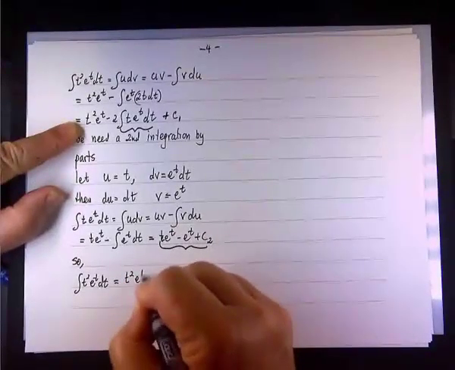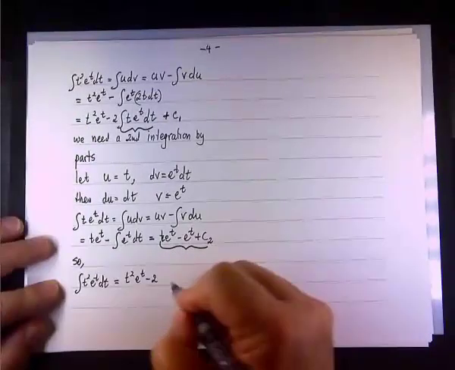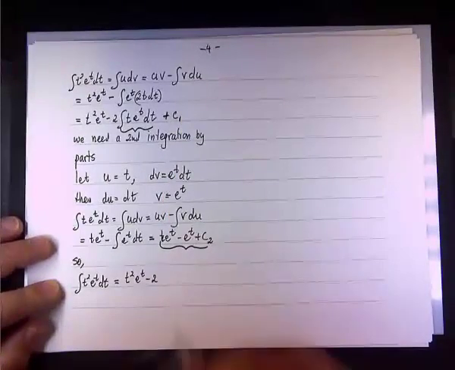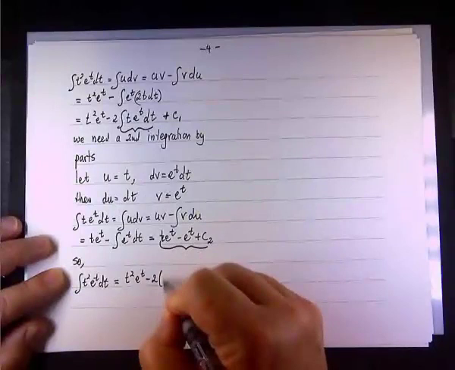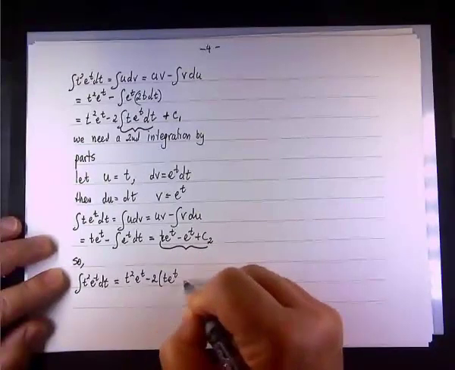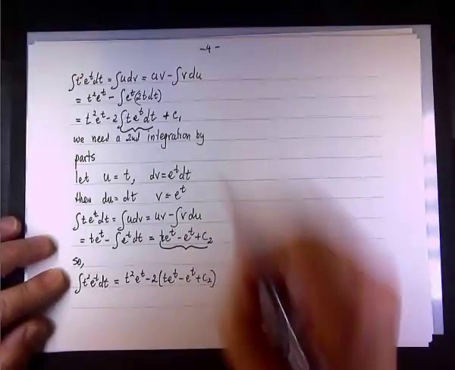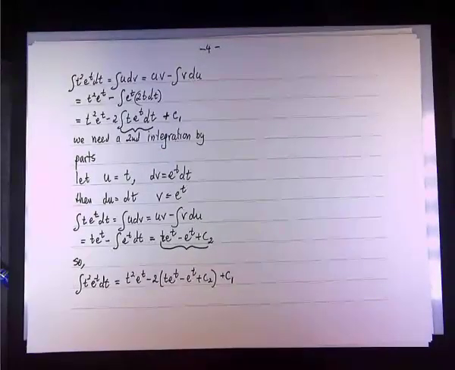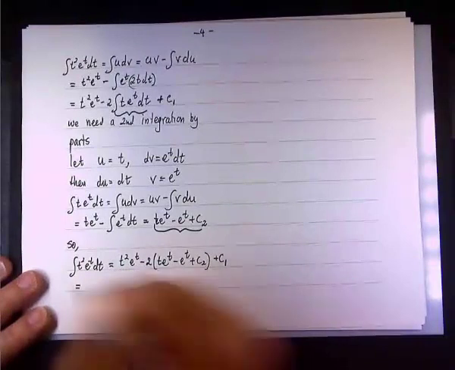The integral of t squared e to the t dt, we found that it's equal to t squared e to the t minus 2 times this result, right? So it's 2 times this result, so let's write it as t e to the t minus e to the t plus c2, and let's not forget the c1 from the top.